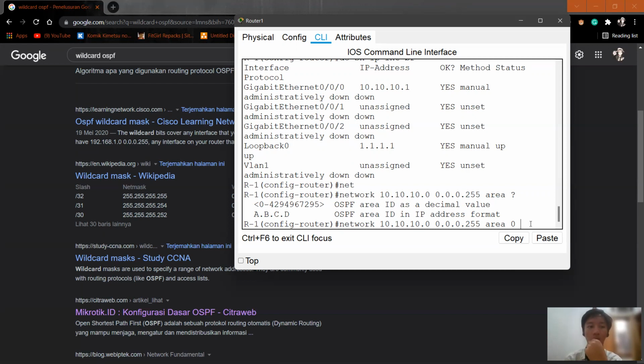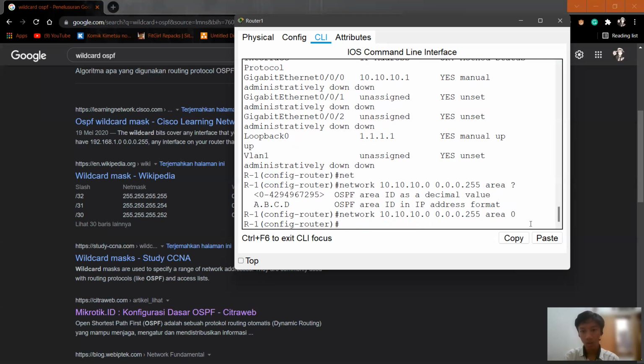You can watch it in Bahasa Indonesia on my YouTube channel. I would like to introduce OSPF only, not explain deeply, only the basics. So we use only area 0 this time.